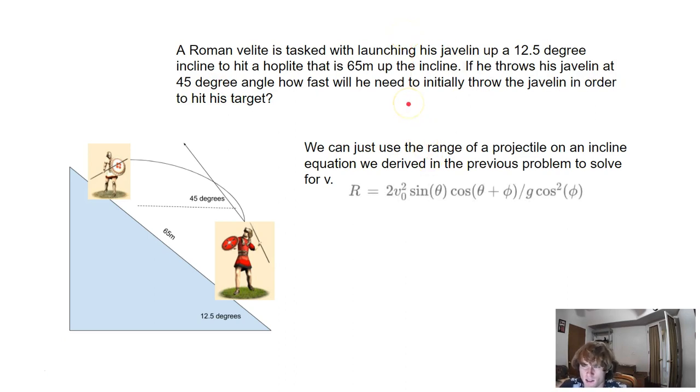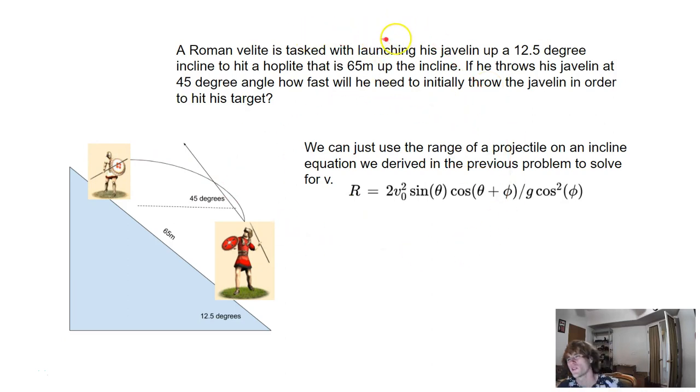This is simple, since we have that equation that we derived, and he just wants to throw his javelin up the slope. So we have a basic equation for the range of a projectile on a slope.